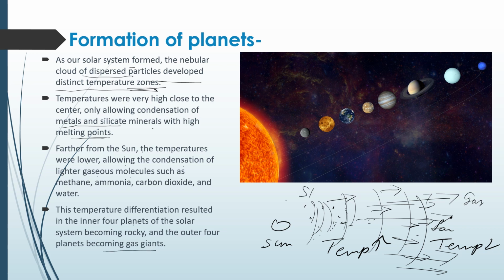So here silicate materials and metals are there, forming the inner planets. These are the inner planets: Mercury, Venus, Earth, Mars.